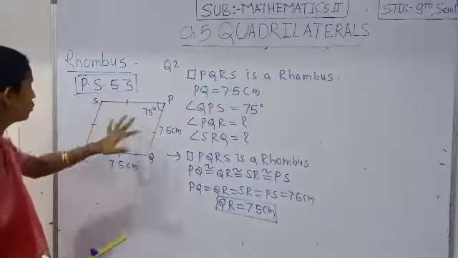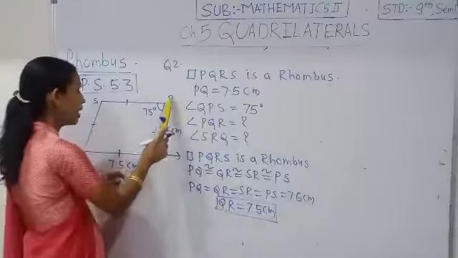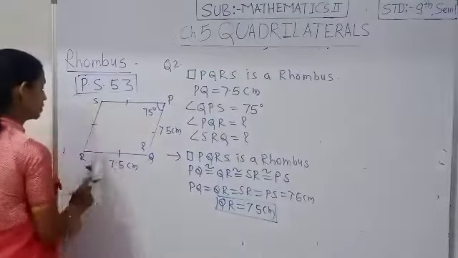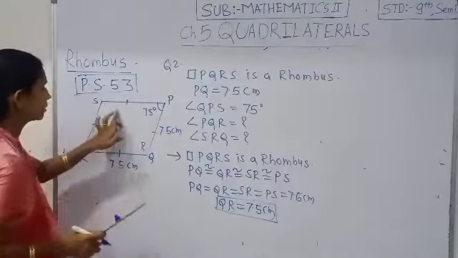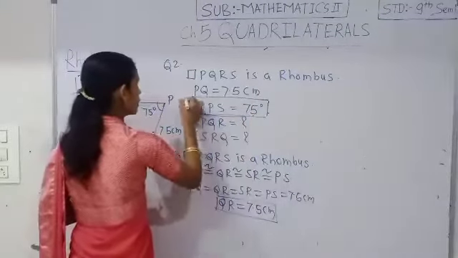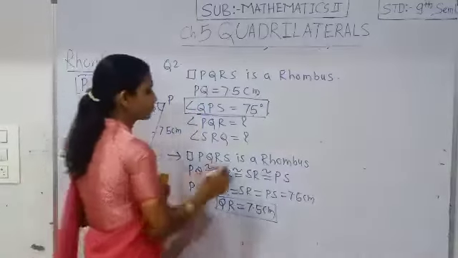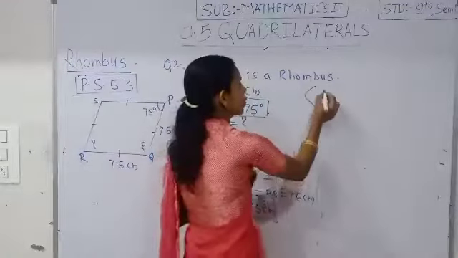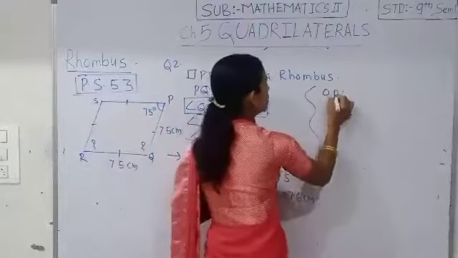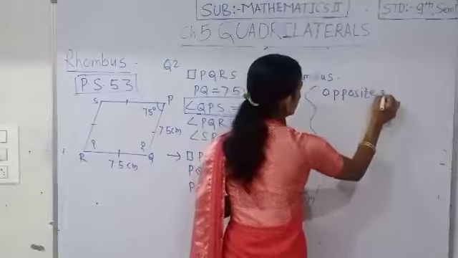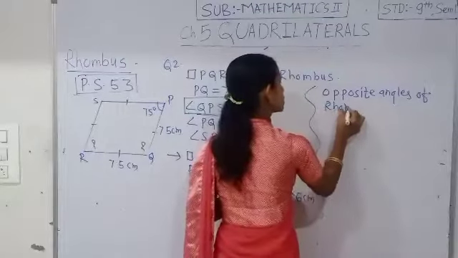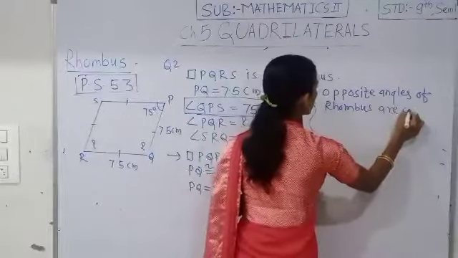Then we have to find angle PQR as well as angle SRQ, and here angle QPS is given, that is 75 degrees. The property of rhombus which we have to use here is that opposite angles of a rhombus are congruent.